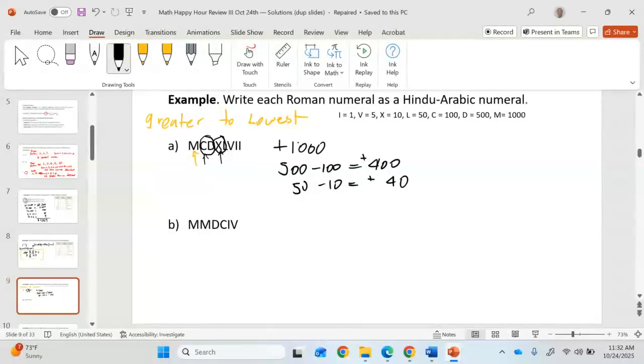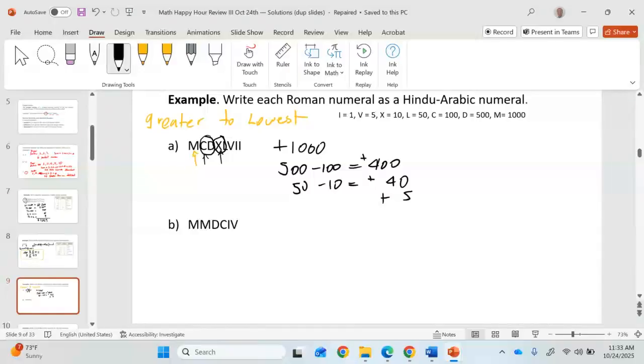So into my sums, I'm going to add 40. Then I move on to the next letter, which is V. And notice that the V is 5, and then to the right, I have a 1.